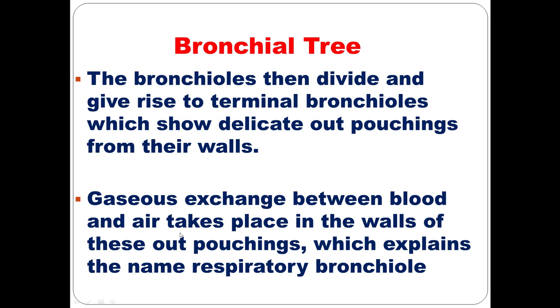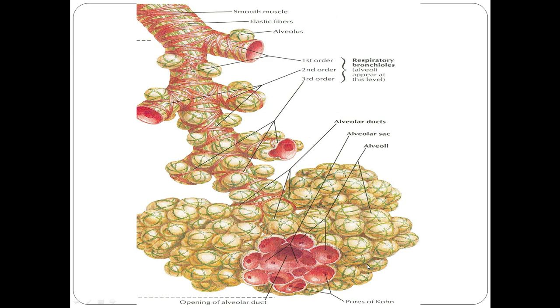That's why the name is respiratory bronchiole. So you can see the alveolar ducts, the alveoli. The cartilage is absent, the smooth muscles are there, the elastic fibers are there. So these are the respiratory bronchiole or the respiratory unit, the alveoli.